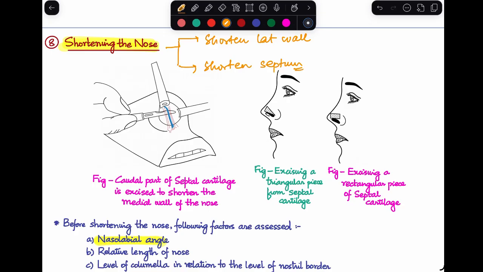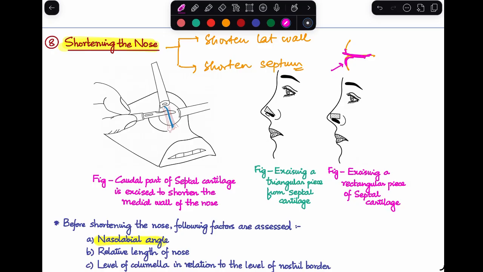How do we shorten the lateral wall? This is done by rotating the lower lateral cartilage over the upper lateral cartilage. And in an excessively long nose, the caudal part of the upper lateral cartilage and the cephalic part of the lower lateral cartilage are excised in addition to the rotation of the cartilage.